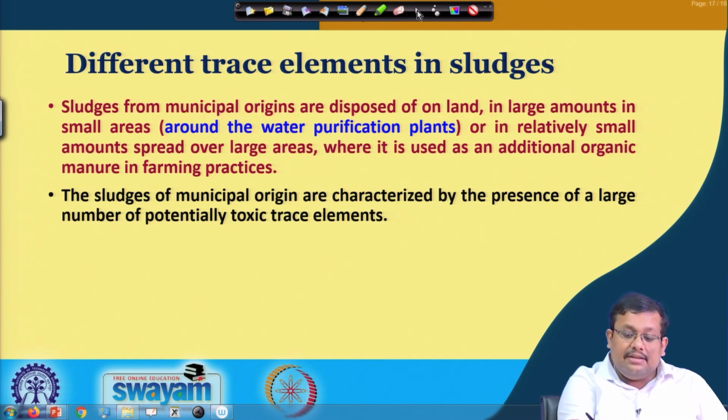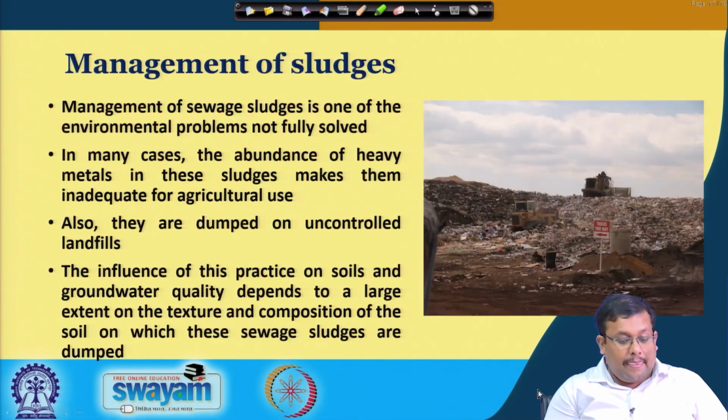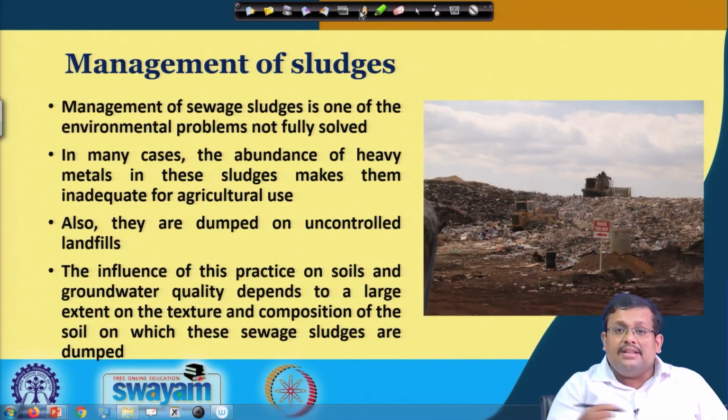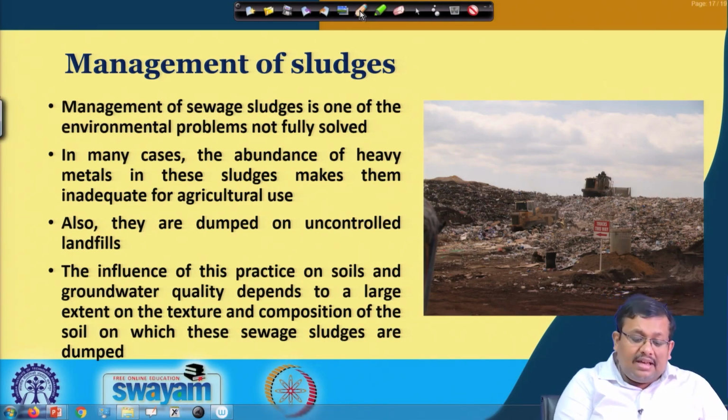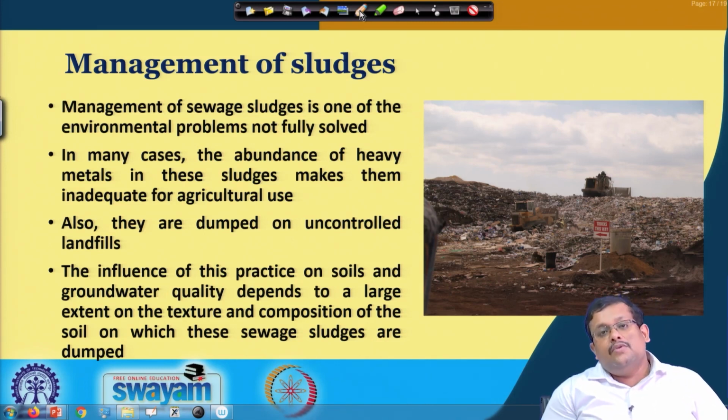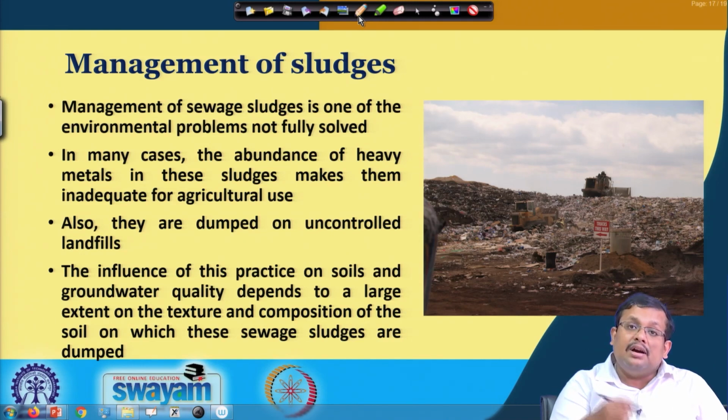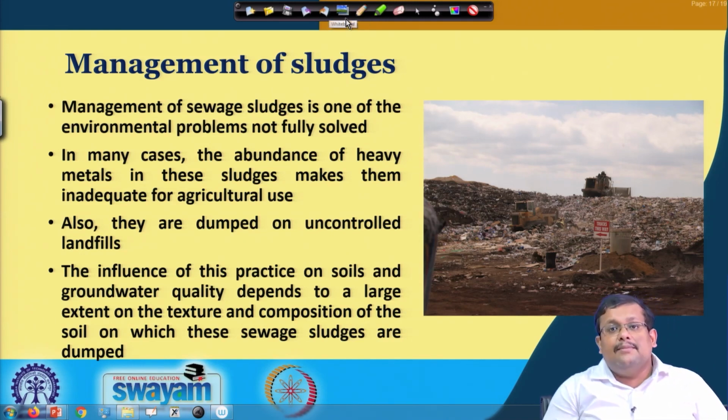So, let us see those. If we consider the management of the sludges, the management of sewage sludge is one of the environmental problems which are not fully solved yet. Obviously, there are some problems. So, the management of sewage sludge is a big challenge for the environmental scientists.